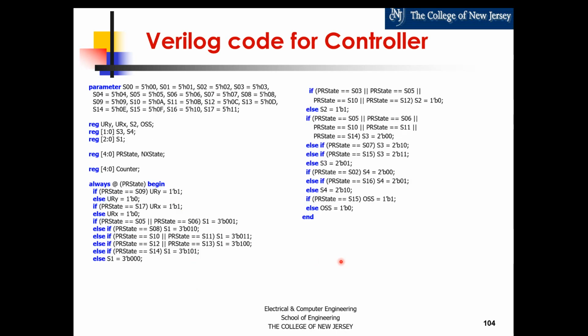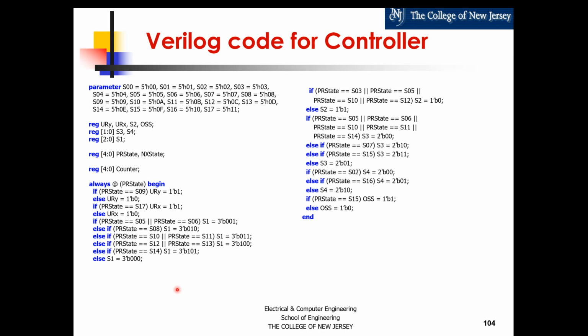Then I have some parameters, again as a convenience, the state numbers. And I counted 17 states from 0, actually 18 states. The outputs are being recasted as regs because, again, I'm going to use always blocks, and if they are on the left-hand side of an assignment, they need to be regs.